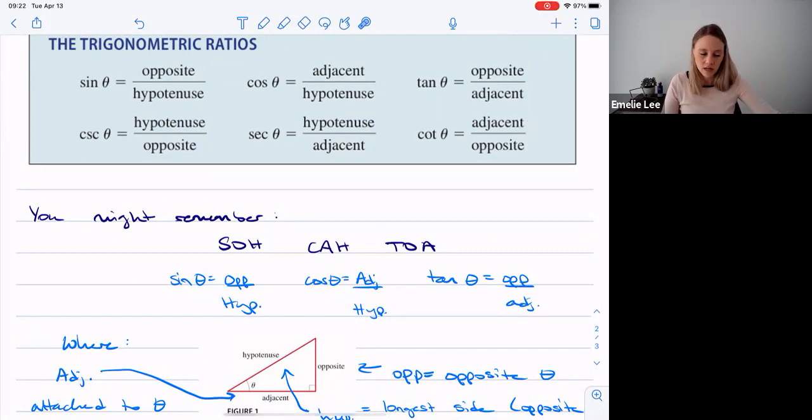So if we have the opposite, the hypotenuse, and the adjacent, we can find any of these trigonometric ratios. And notice that we're not restricted to being on the unit circle anymore. We could have a side that has a length of 14, for example. We can still work with these trig ratios.